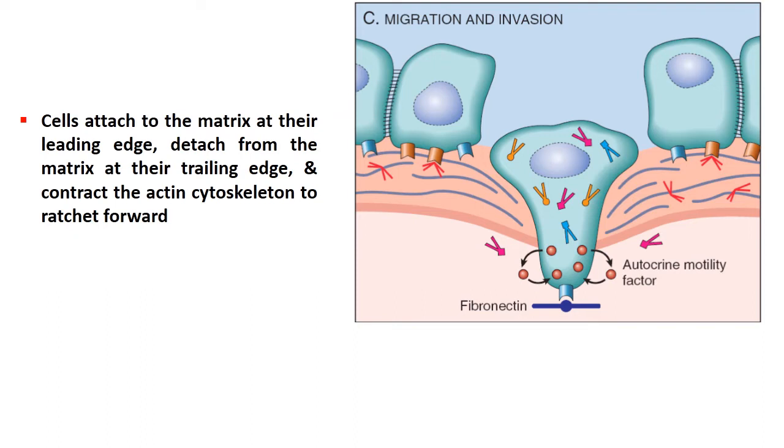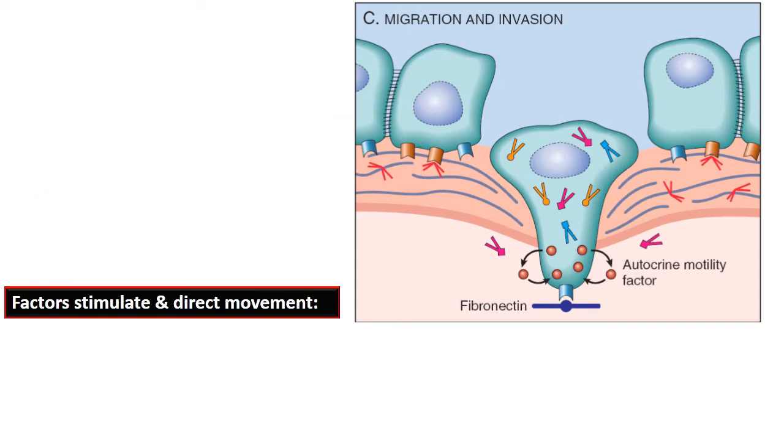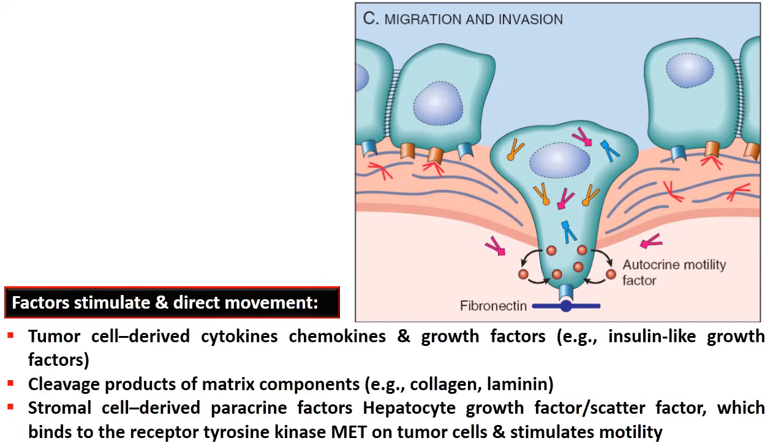This is occurring by autocrine motility factor also. The factors that stimulate and direct movement are tumor cell derived cytokines, chemokines and growth factors, the cleavage products of the matrix components, and stromal cell derived paracrine factors, hepatocyte growth factor, scatter factor.